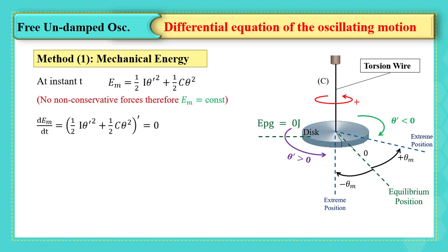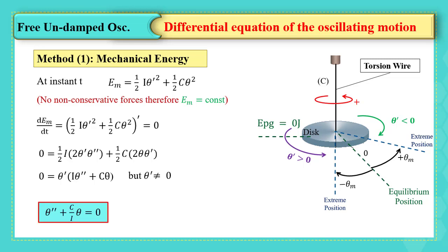Thus, we can write it as half I times 2 theta prime theta double prime plus half C times 2 theta theta prime. But we know that theta prime equals 0 is not our case of study, so I theta double prime plus C theta equals 0 is the second order differential equation without second member in theta.